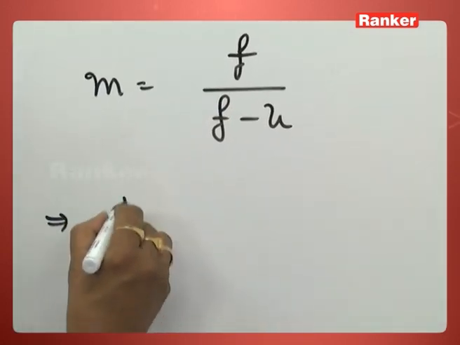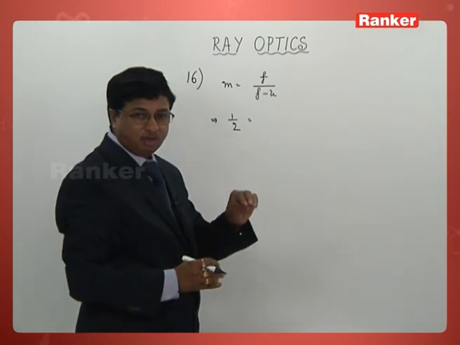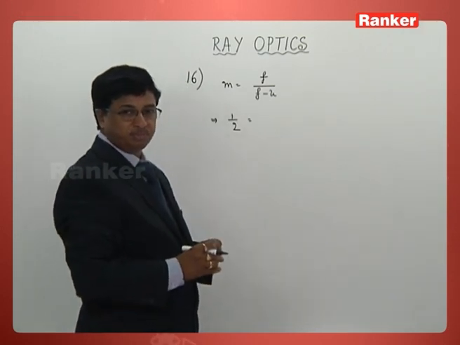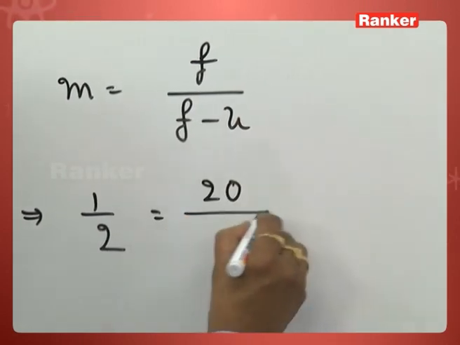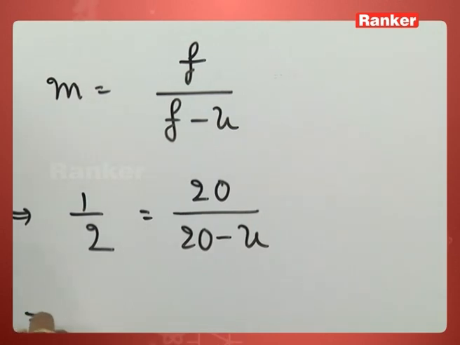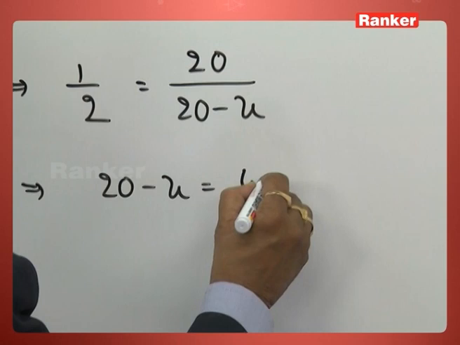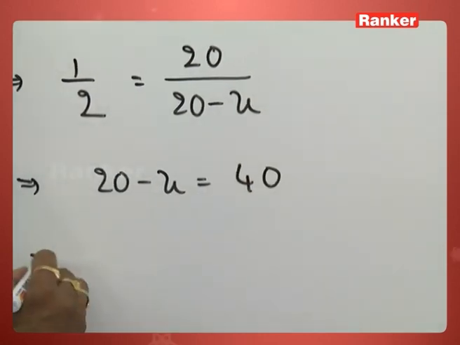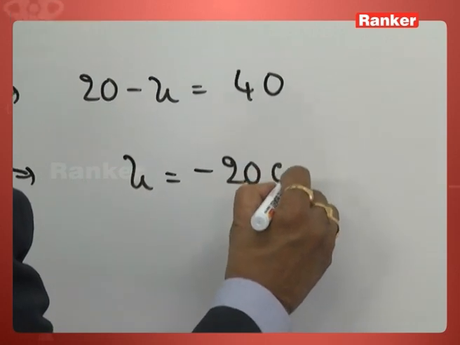Magnification is given as 1 by 2, half the size of the object, and the focal length is given, so 1 by 2 equals 20 by 20 minus U. So what will you get here? 20 minus U is equal to 40. So now U becomes minus 20 centimeter.